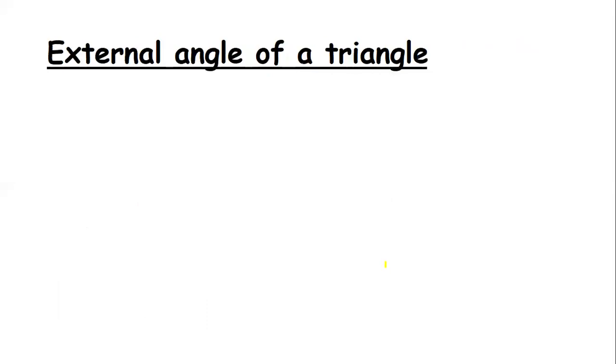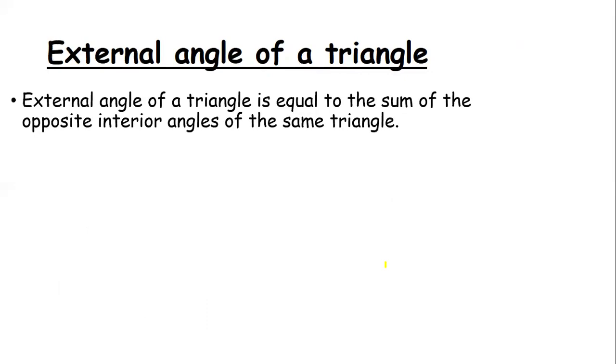So let's look at another property, the external angle of a triangle. What you must know is that the external angle of a triangle is equal to the sum of the opposite interior angles of that same triangle. So when we've got our triangle here, AFB, we have the external angle.